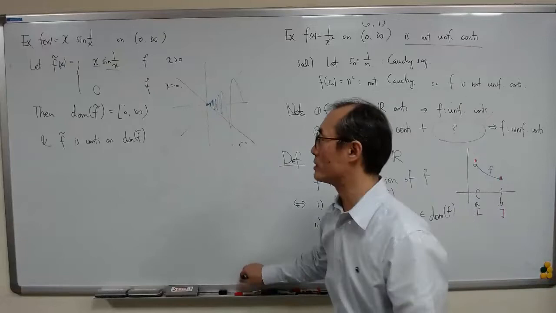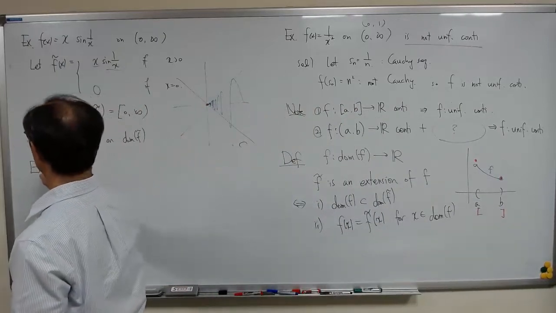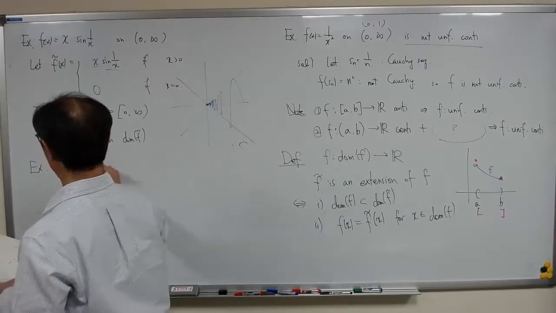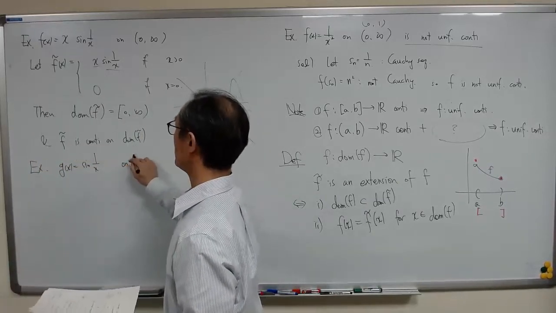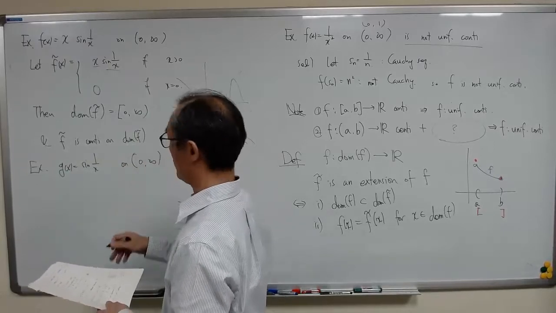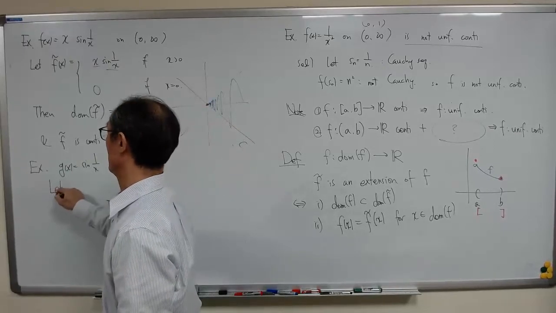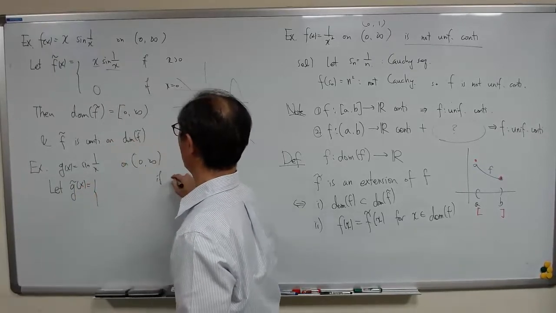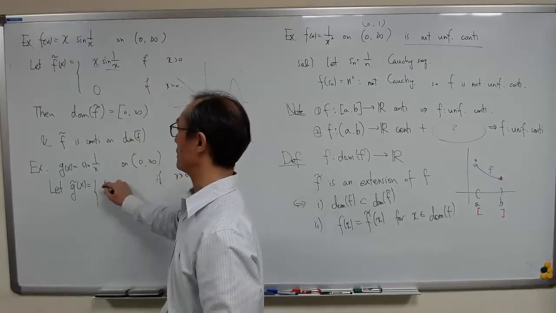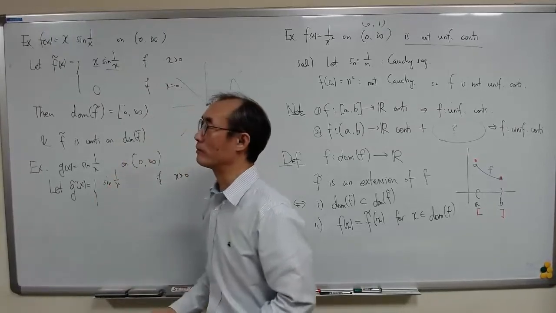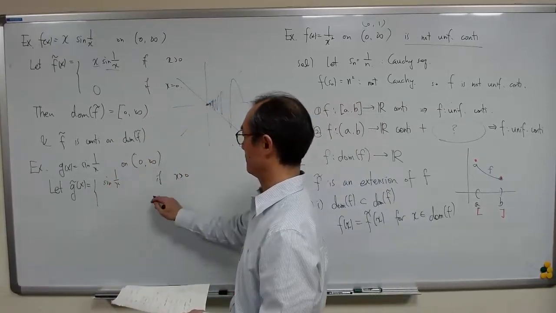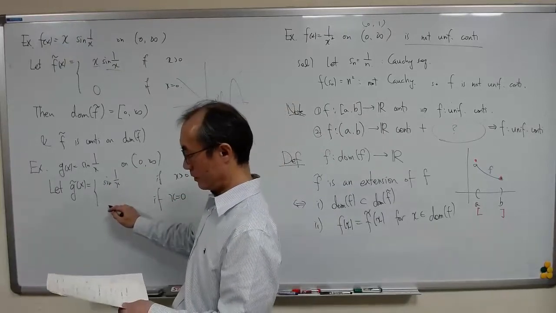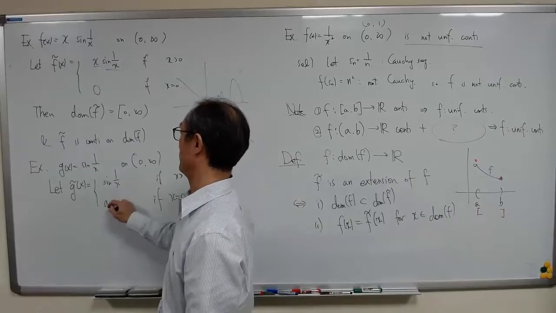This is not always true for a function like this. If g of x is sine 1 over x on an interval like this, then g tilde is an extension. Again, for positive x, you simply preserve the original form of the function, but for 0, we assign any number, for example, a.